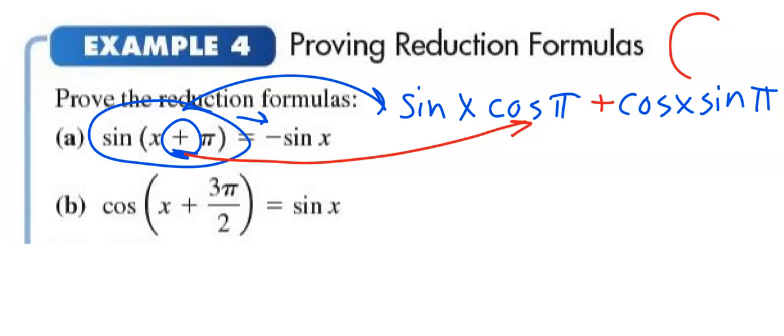Okay. Do you know where pi is on the unit circle? The left side, thank you very much. We got pi over here. Pi on the left. What's that coordinate? What is the coordinate right there on the left side?